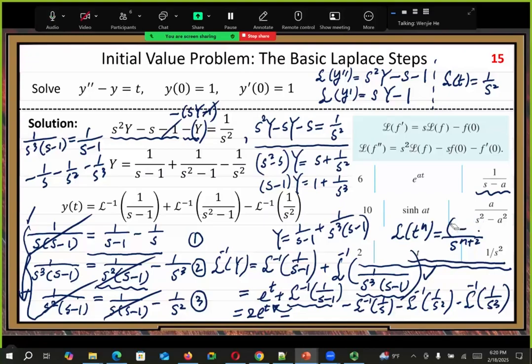Then use this formula to check it, n factorial.